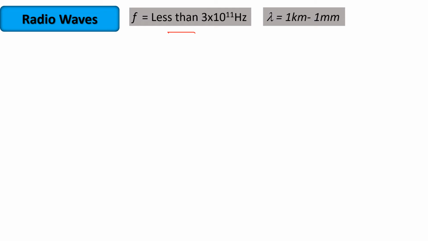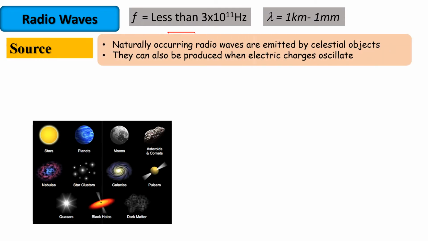So let's start with radio waves. The first radiation of our spectrum, the radio waves. The frequency is less than 3 × 10^11 hertz, whereas the wavelength lambda is 1 kilometer to 1 millimeter. Now the source: for all the radiations, as I said at the start of the video, the primary or natural source is the celestial objects or space.